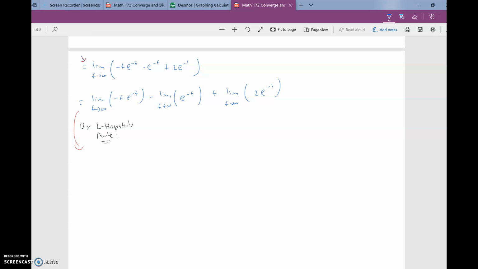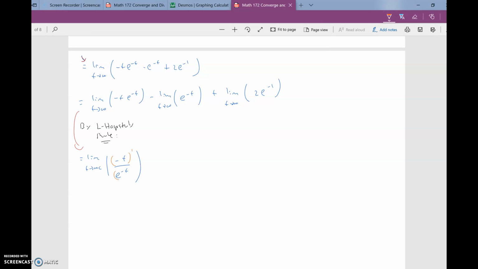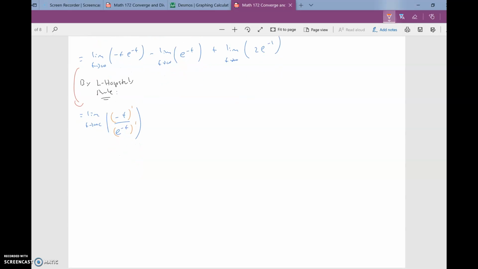And in this case, this specific limit is going to be the limit as t approaches infinity of, technically, let me rewrite it as negative t over e to the negative t. And I'm just going to apply the primes, which is going to give us a limit as t approaches infinity of negative 1 over e to the negative t.